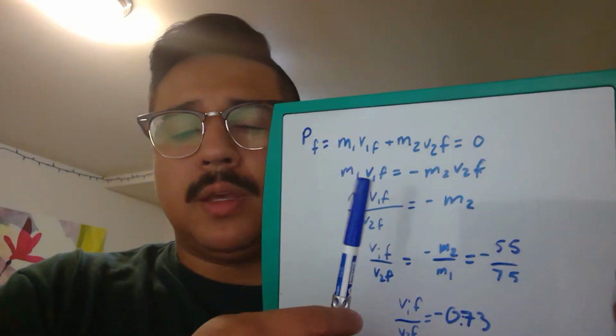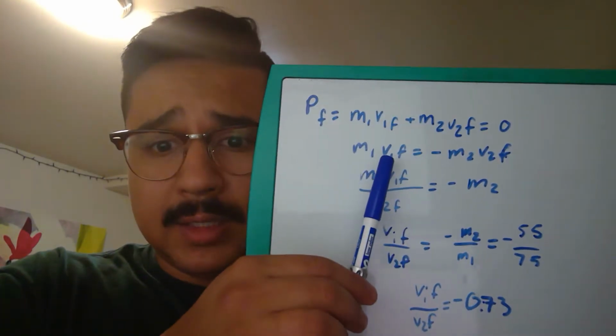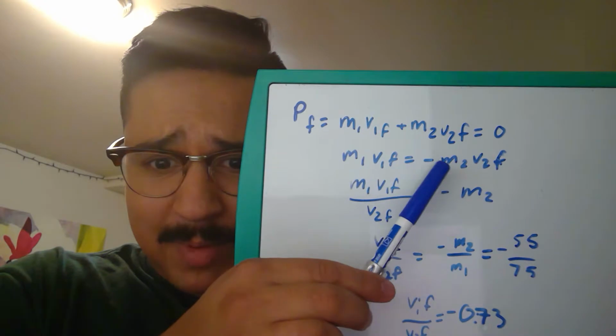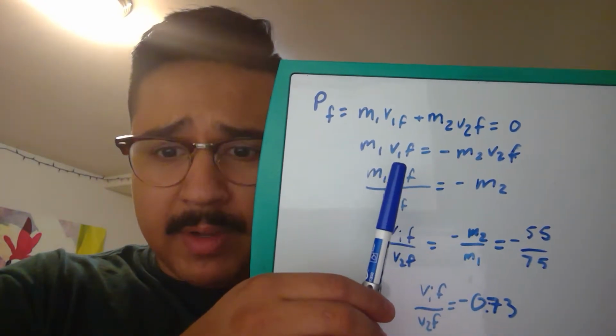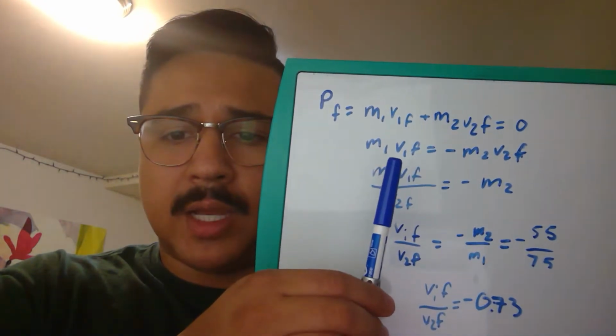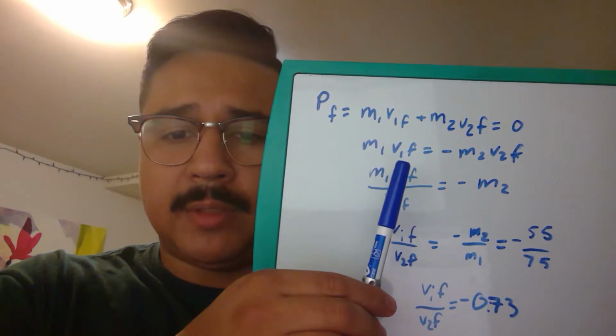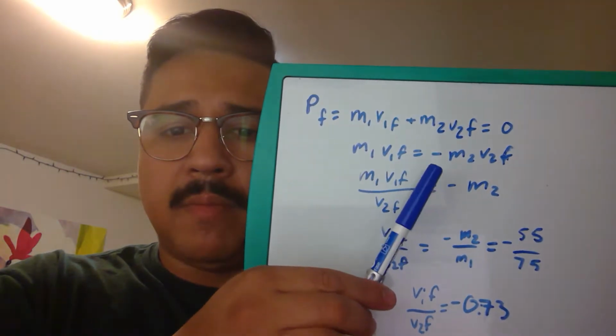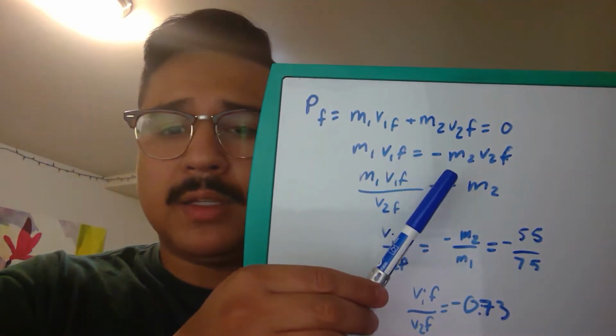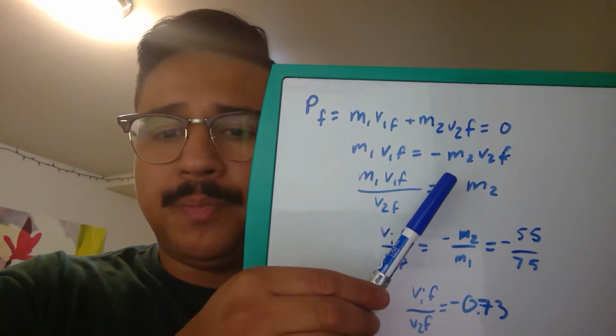So what we're going to do then is move this to the other side by subtracting it. So now we have mass 1 times the final velocity of object 1 is equal to negative mass 2 times the final velocity of object 2.